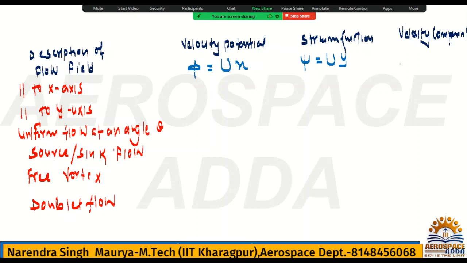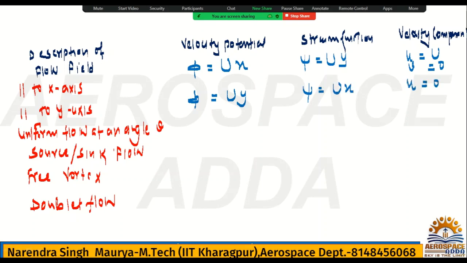If you remember, velocity component: for parallel to x-axis only the u component will be capital U, the v component will be 0. Similarly, if you go for parallel to y-axis, phi is equal to Uy, psi is Ux, and u will be 0 and v will be capital U.